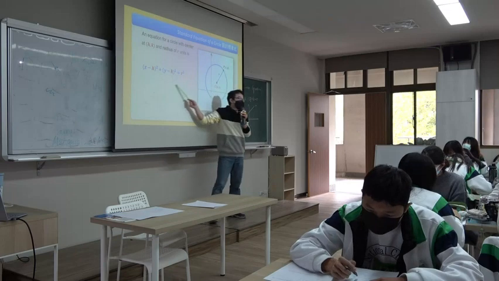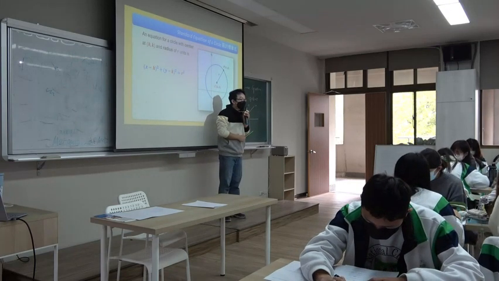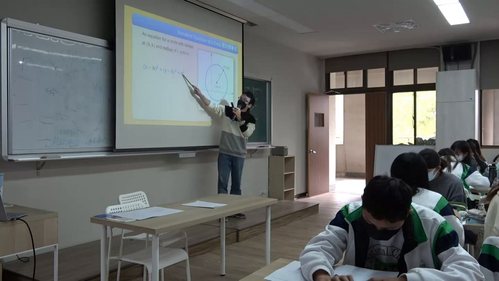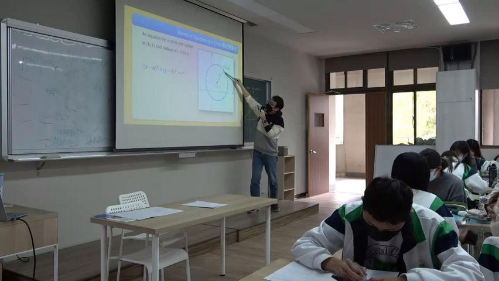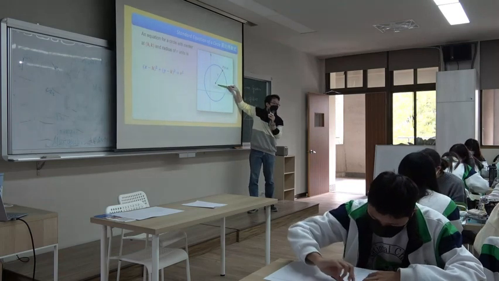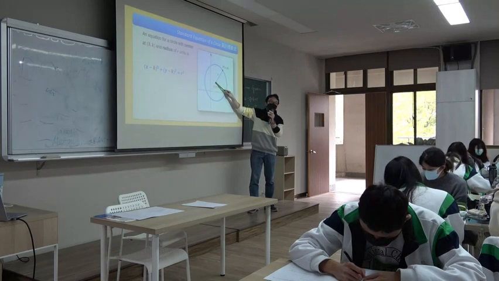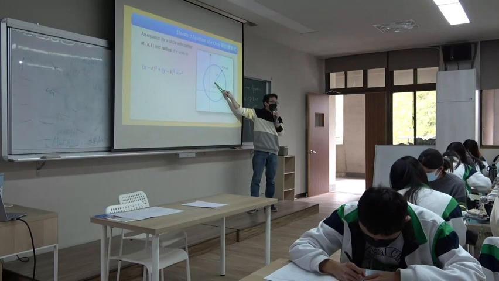And you can find that this is the Pythagorean theorem, right? Or you can imagine that here is a right triangle, okay? And r is the hypotenuse, all right?